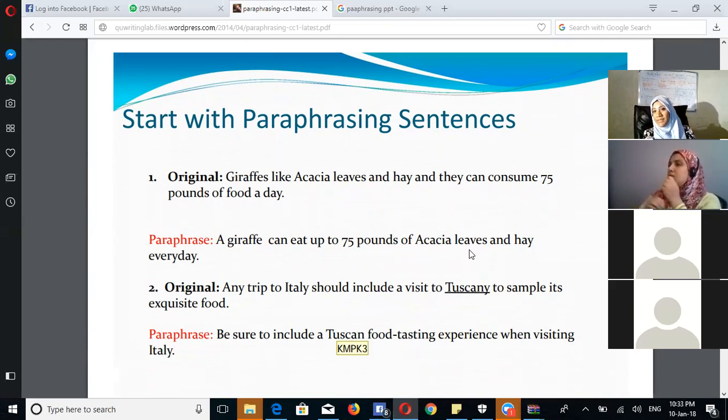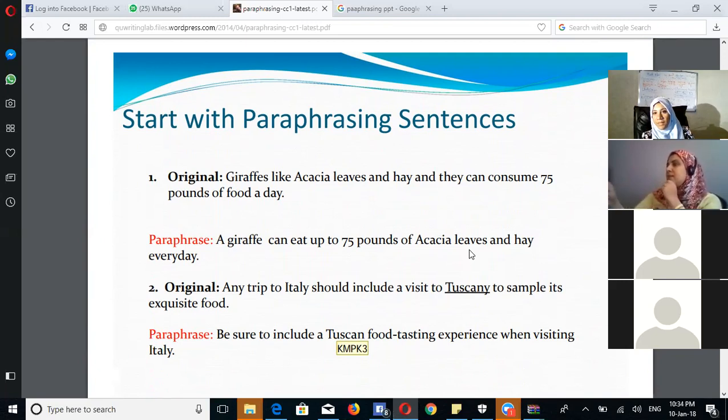I like Osama's paraphrase very much because he has already given a good shot to it. So it's be sure to, or be sure that. All right? Or it's advisable to include Tuscan food tasting experience when visiting Italy. They replaced the words any trip to Italy with when visiting Italy.